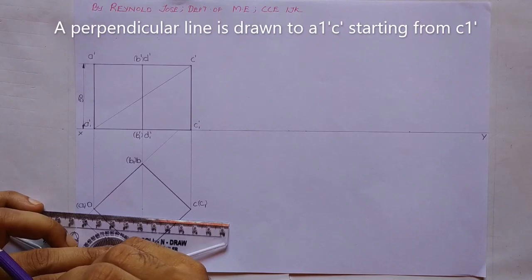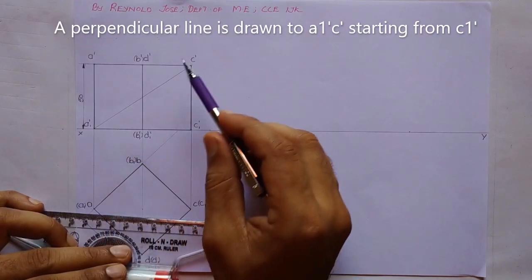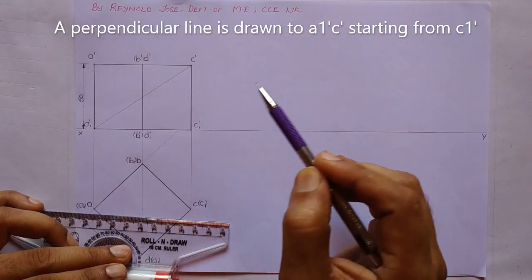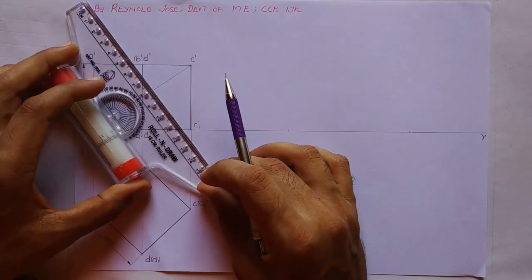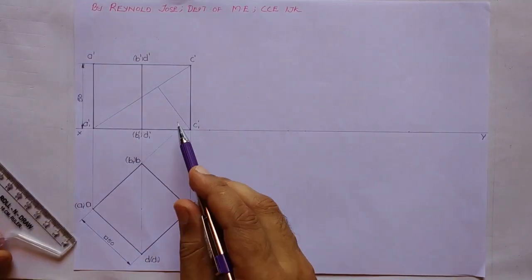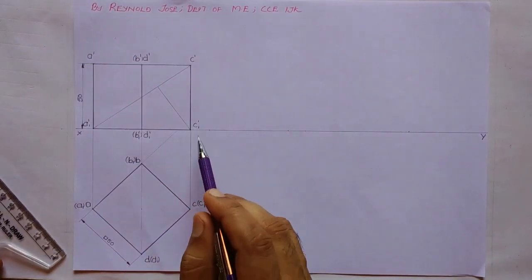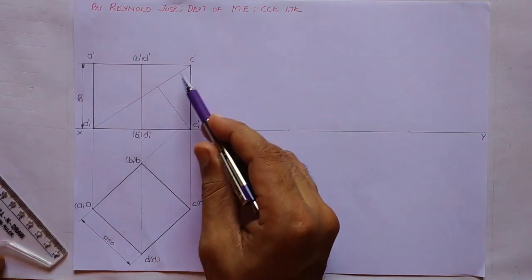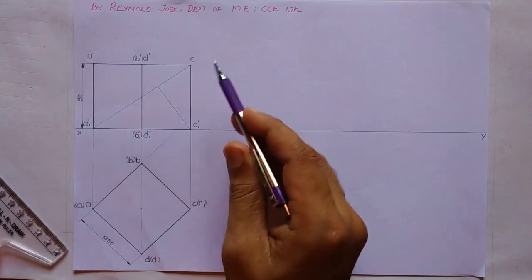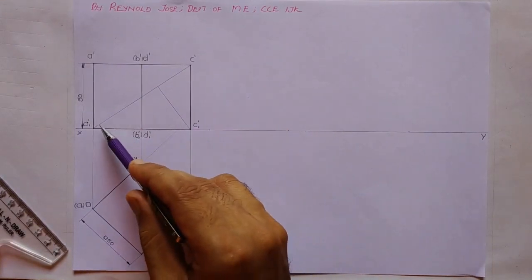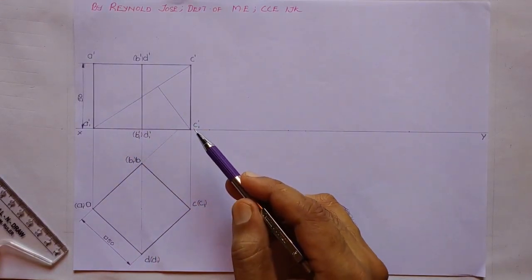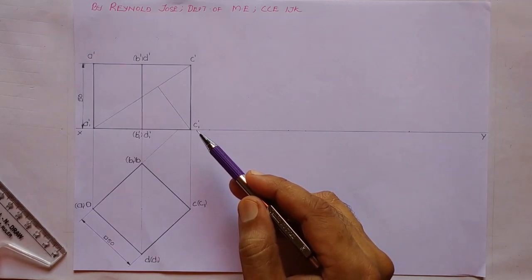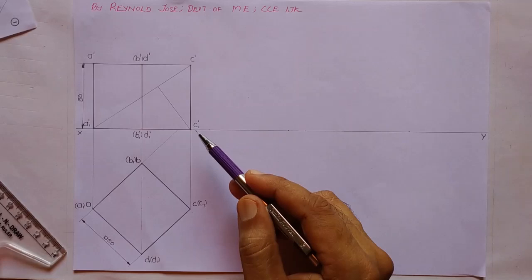Then we draw a perpendicular line to A1 dash C dash, starting from C1 dash. So this is a perpendicular starting from the corner C1 dash and perpendicular to A1 dash C dash. These two lines will help us in the construction of this solid such that the body diagonal is perpendicular to VP.